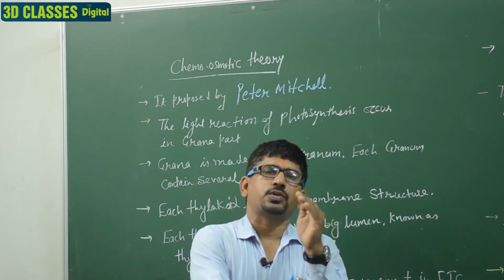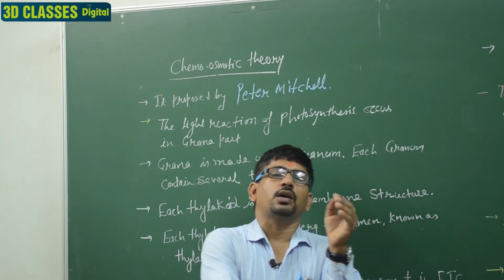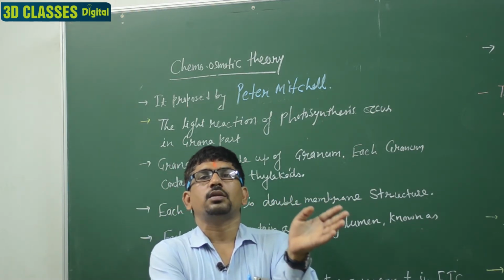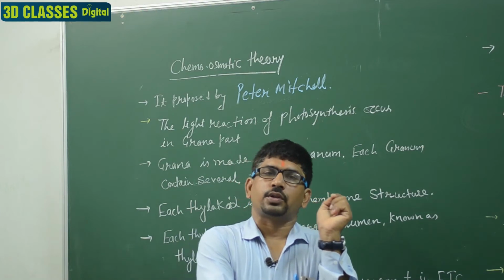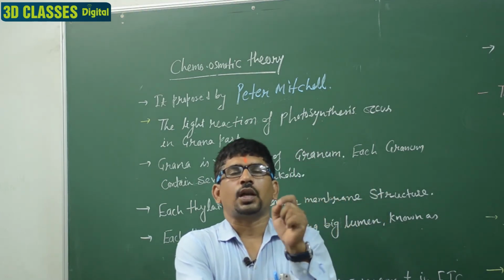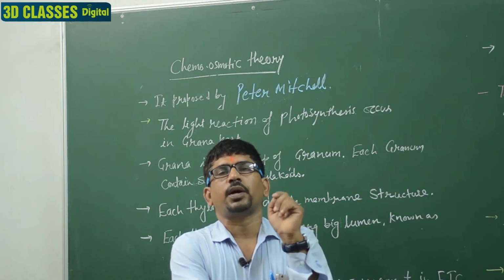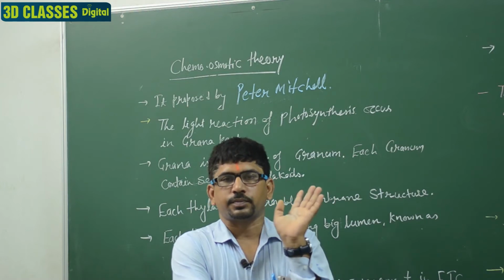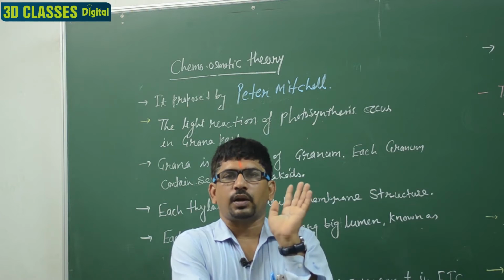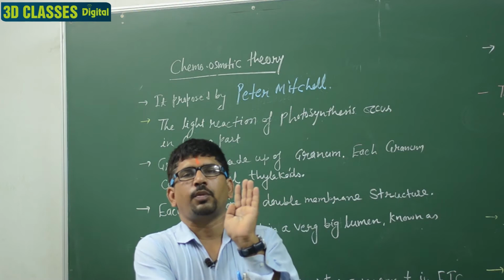So in both processes ATP is formed, and the chemiosmotic theory represents both. The main difference is that in photosynthesis the thylakoid is required for this process, and in respiration the mitochondrial inner membrane is required. So here we have discussed only the photosynthesis chemiosmotic theory.